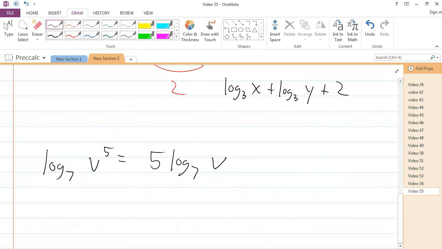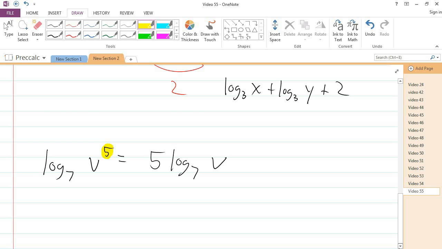And when it's out in front of the log, there's all kinds of crazy things that can happen to it because it's not an exponent anymore. This is a property that will be super useful to us in the event that this is a variable that we are trying to solve for. That's something we'll see in the next few videos, so don't worry about this right now, but it is handy.